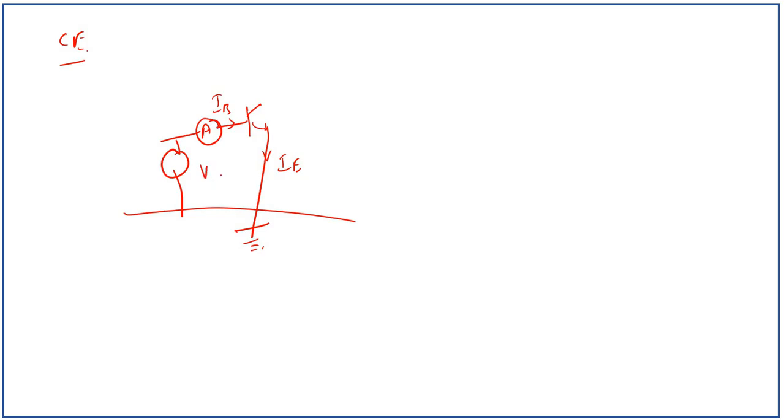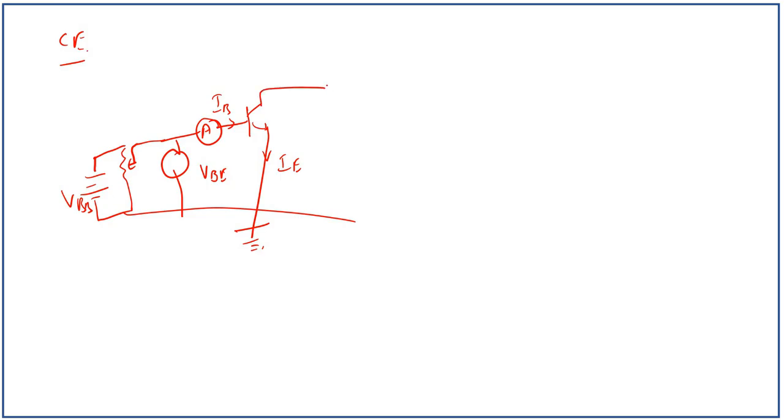For common emitter configuration, the same way we draw the diagram. Emitter is common or grounded, and we have the emitter current IE going outside. The input is base. The ammeter measures IB, base current which goes inside, and this voltmeter measures VBE, and we have the supply voltage here, which is VBB.